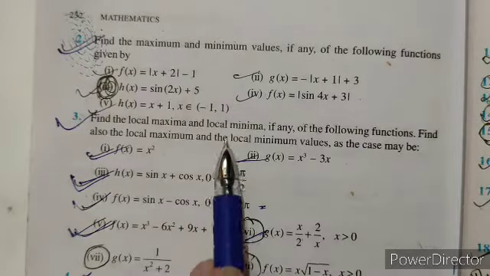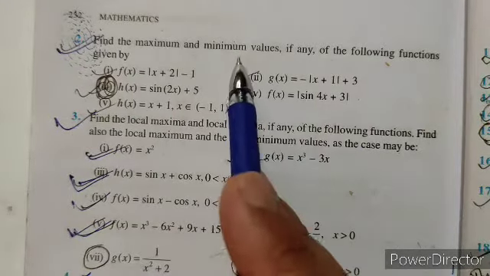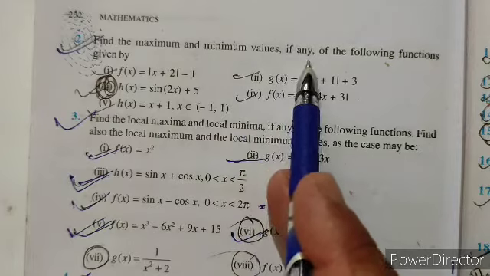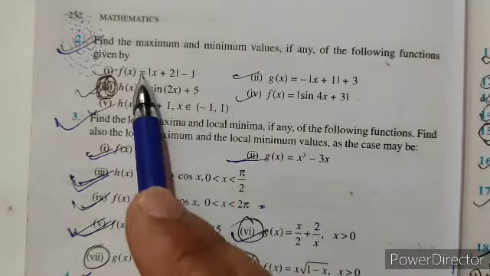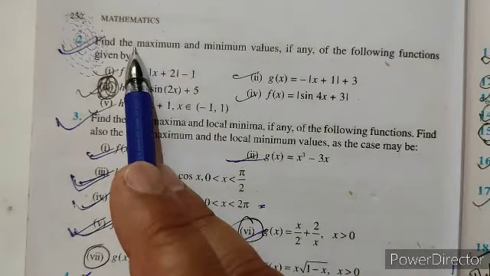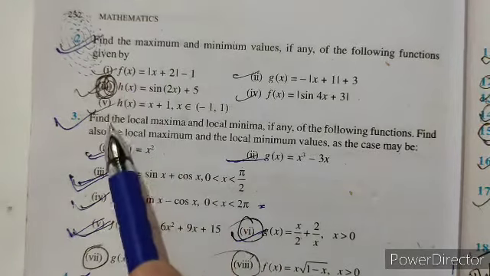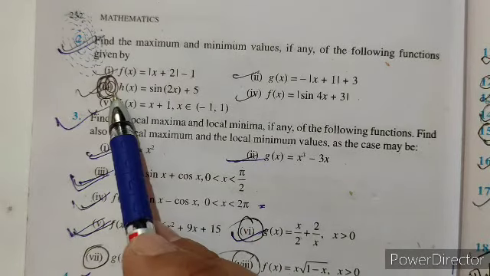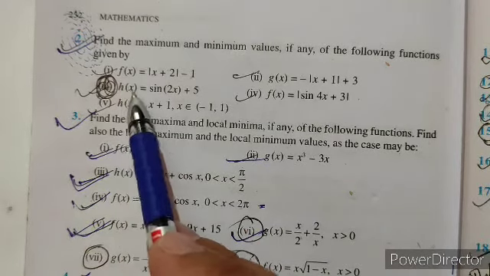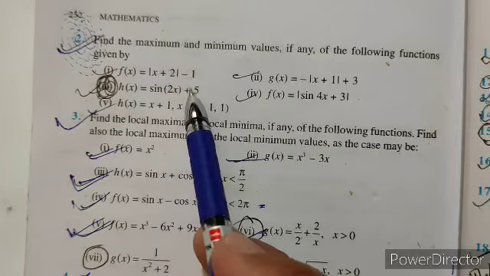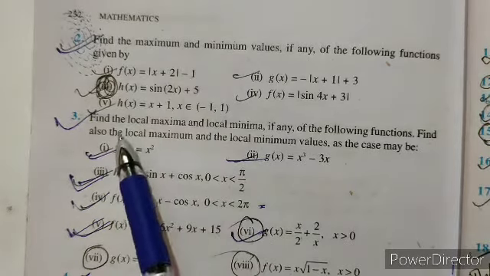Now in second question, we have to find maximum and minimum values of the function if they exist. Now here this second question can also be done as we have done question number first. Here I am doing third part of it. Now function h(x) is equal to sin 2x plus 5 is given to us.